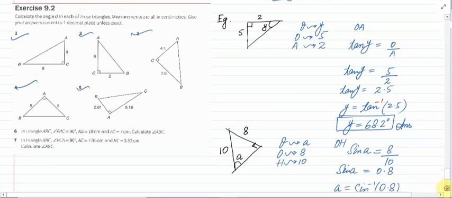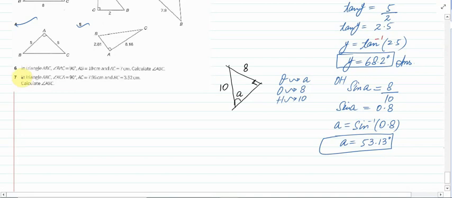Now a sort of word problem you can see here in question number 6 and 7. Of course you will do it by yourself. I am going to show you some examples. Let's suppose there is a triangle ABC. In triangle ABC, angle ABC is equal to 90 degrees, and I hope that all of you are aware of that.